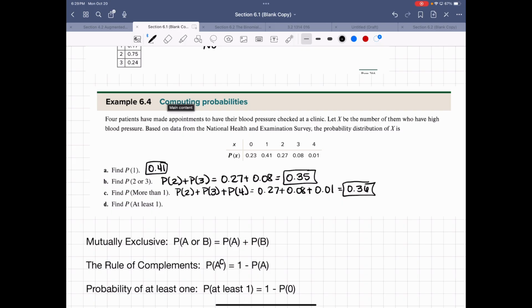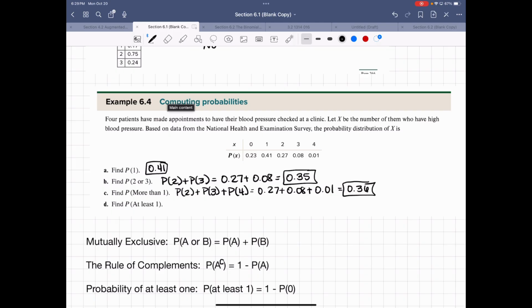And then at least 1. Now, this is where, Raina, you're part of this, and Jorge scratching off his lottery tickets, because that was the problem that you had. When we say at least 1, guys, you could add up the probability of 1, 2, 3, and 4, but that's a lot, right?